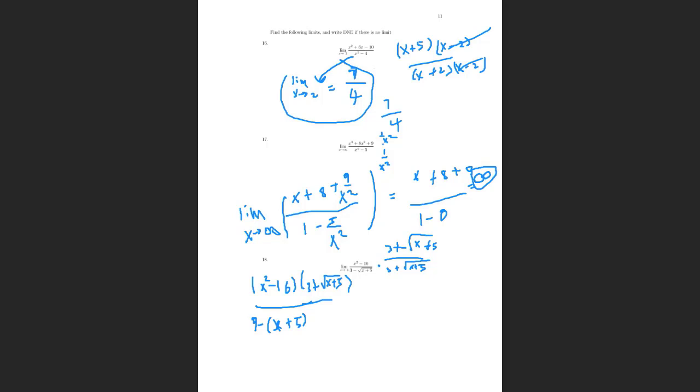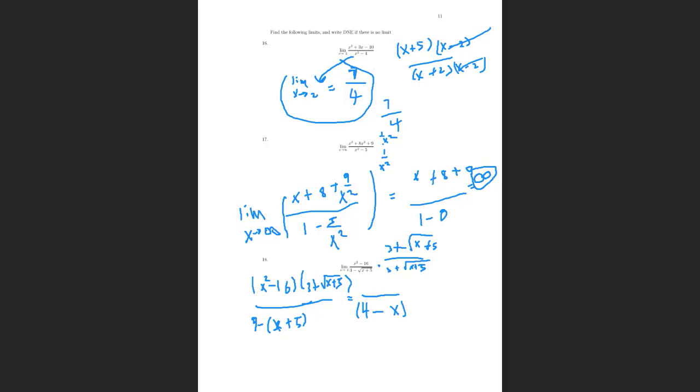So the bottom is actually just going to become 4 minus x. I'll just rewrite it without talking too much. So it's going to be 4 minus x on the bottom, and on the top, you're going to have this stuff.